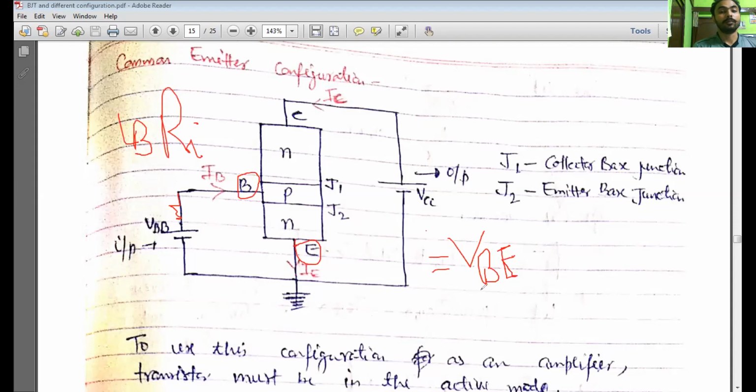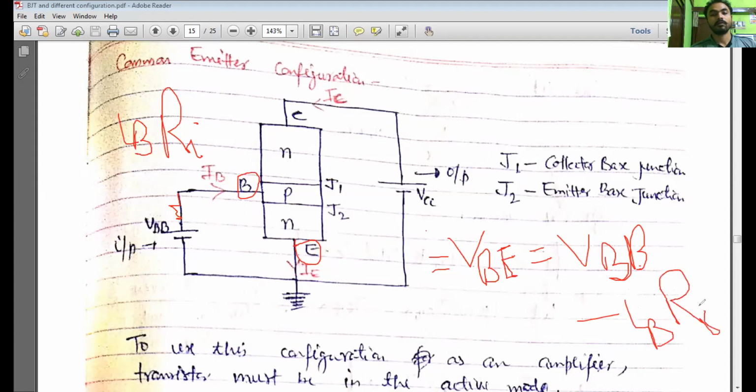So now your VBE will be equal to VBB minus IB RI.